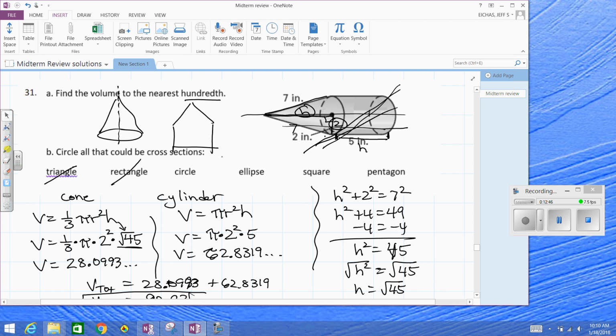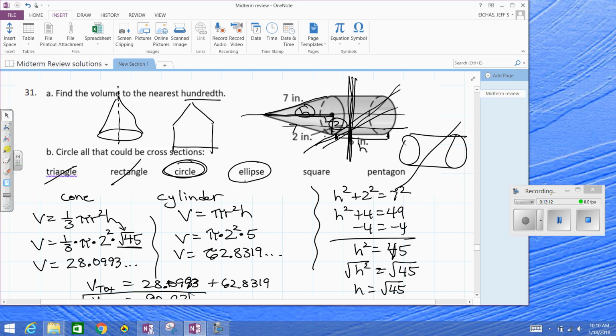Circle for sure. If we cut this way, parallel to the bases there, we are going to find a circle. So that one's for sure. An ellipse can be found by cutting diagonally a little bit through a cylinder. Okay, so if we have this cylinder, we cut diagonally, it's going to elongate that circle.